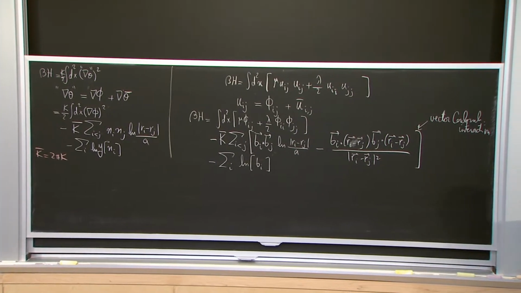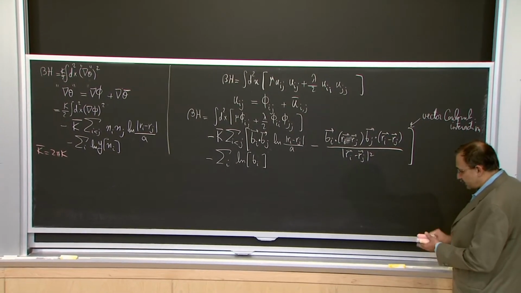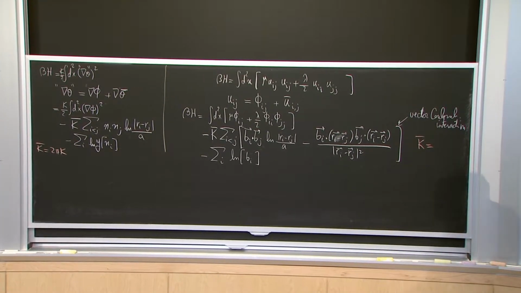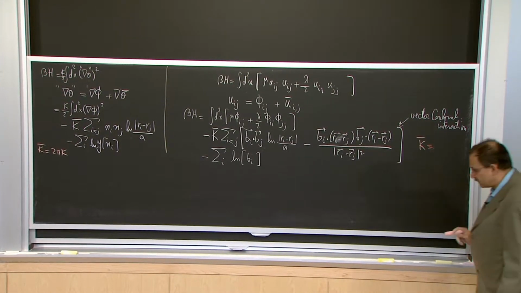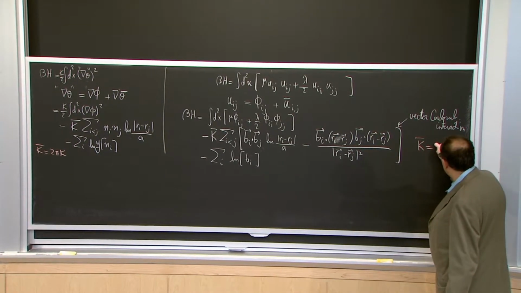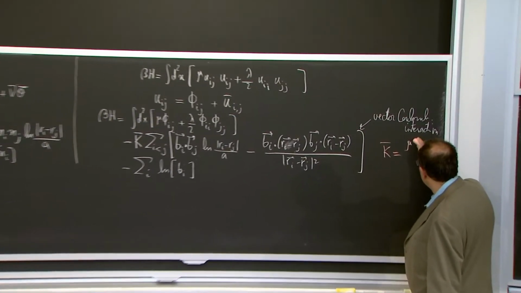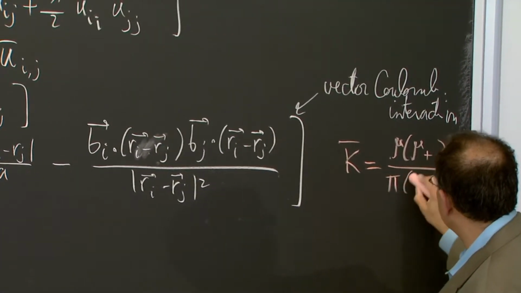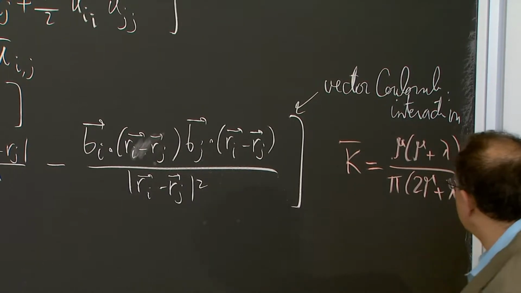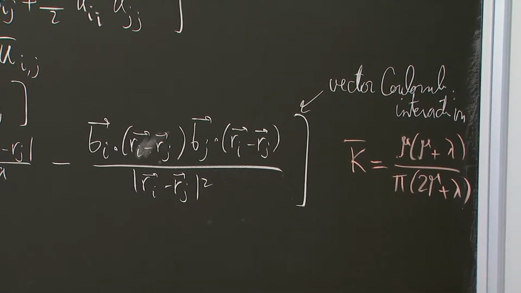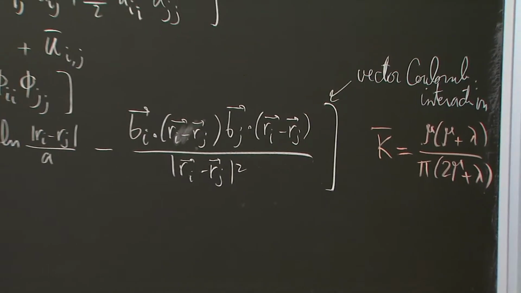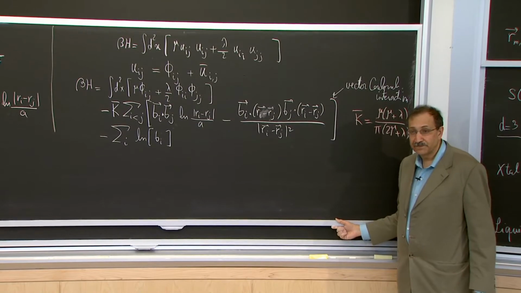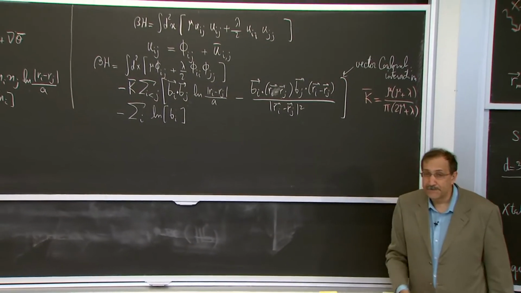And the value of k bar here is related to these parameters by mu plus lambda divided by pi times 2 mu plus lambda. Okay? So this combination controls what you have.